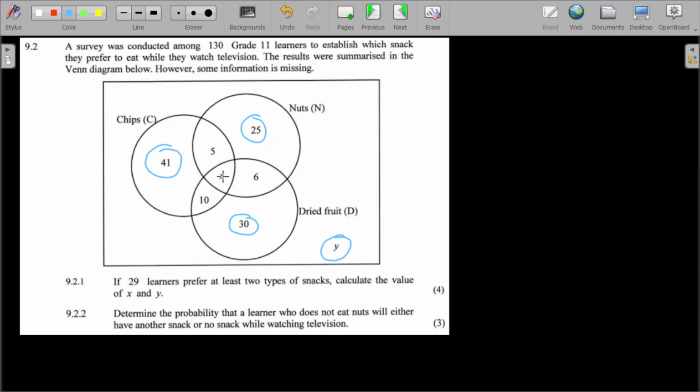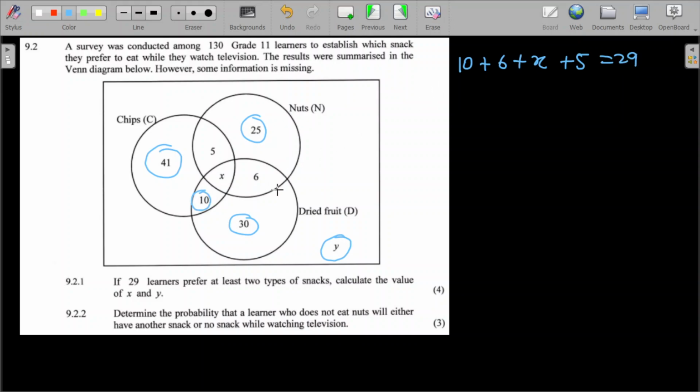Now 9.2.1 is saying if 29 learners prefer to take at least two types of snack, calculate the value of X and Y. Now, if they're saying any two, it's going to be 10 plus 6 plus 5 plus X, which is going to be 29.